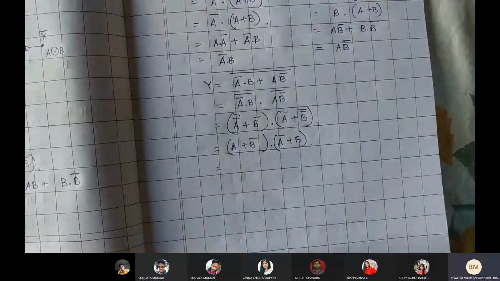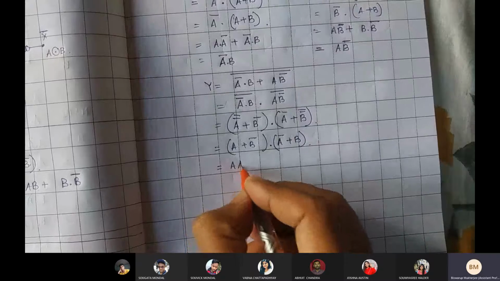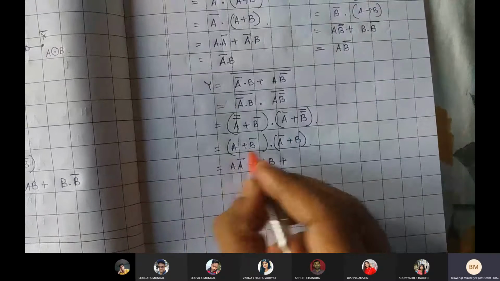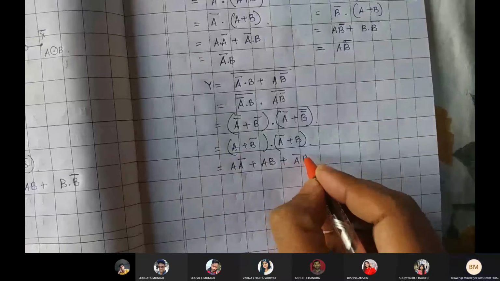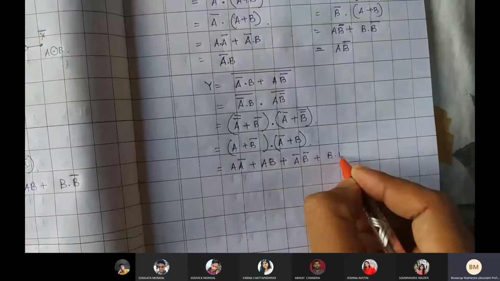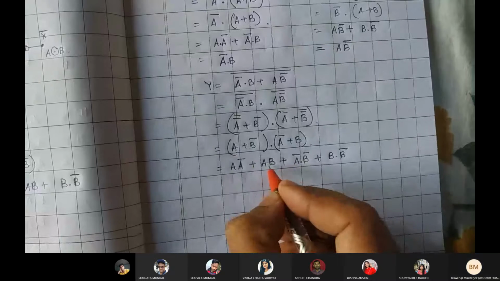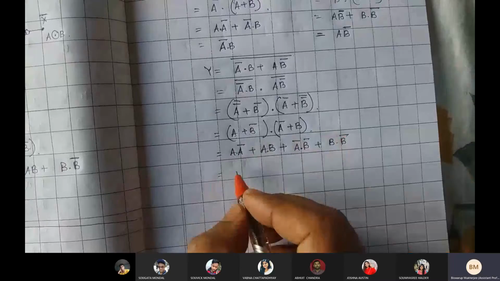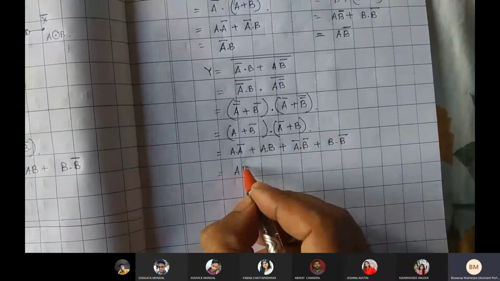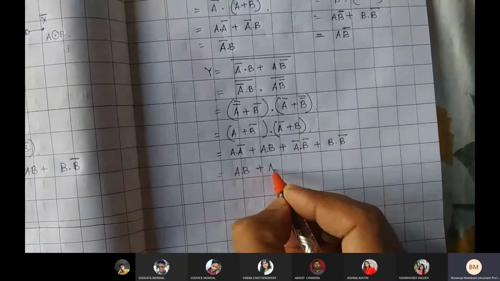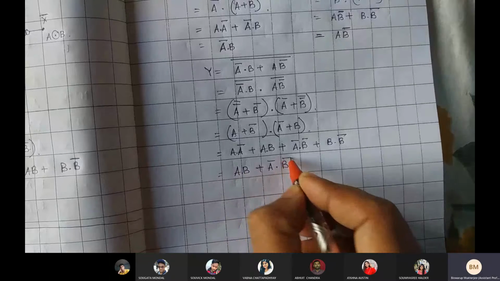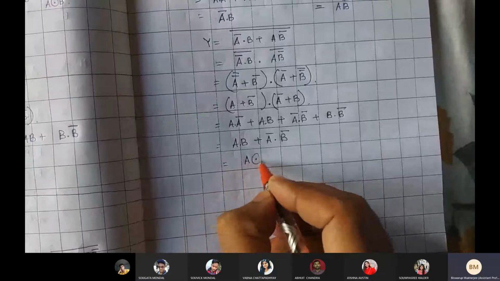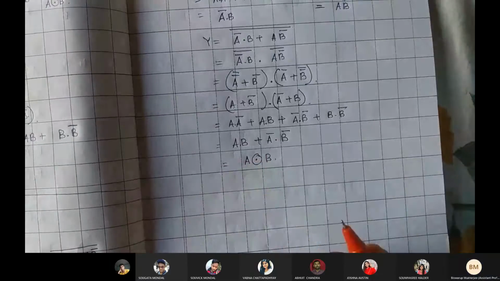Just multiply: A dot A bar plus AB plus A bar B bar plus B dot B bar, right? Obviously these two will go to 0. The rest of the value is AB plus A bar dot B bar, right? And that we know is A XNOR B.